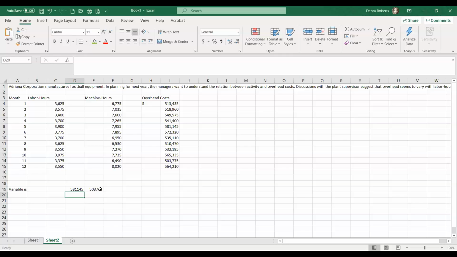Now I'm going to put over here, just so you follow me, this is overhead. The next activity is based on machine hours. So my machine hours, which is here, my highest number is 80.20. Do you guys agree with that? Yes. Okay, 80.20.